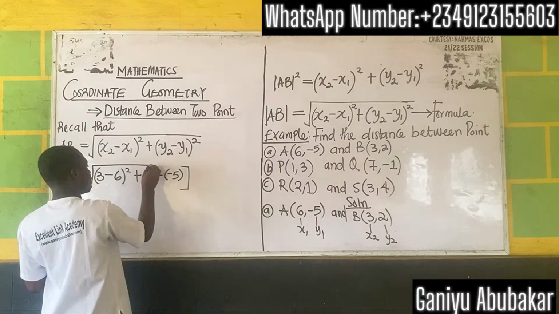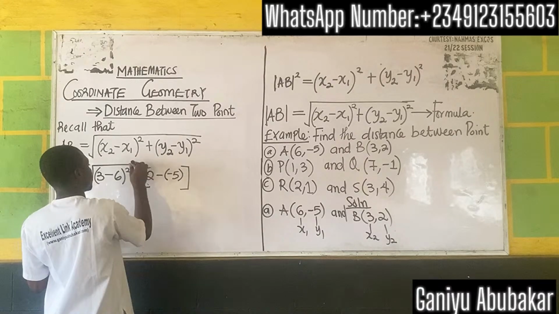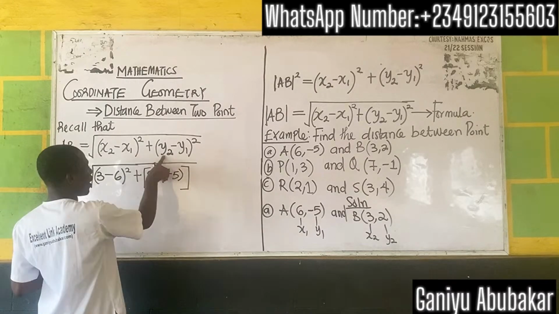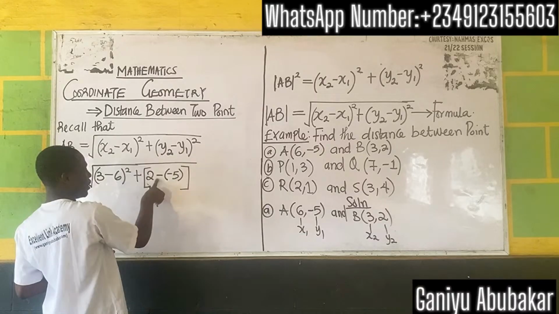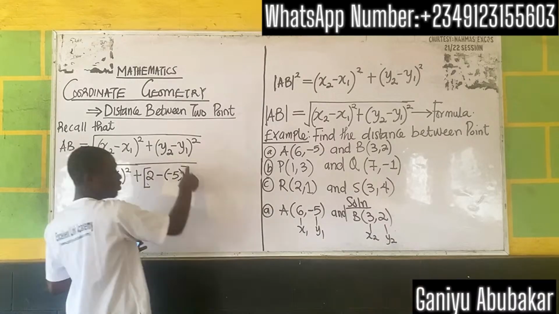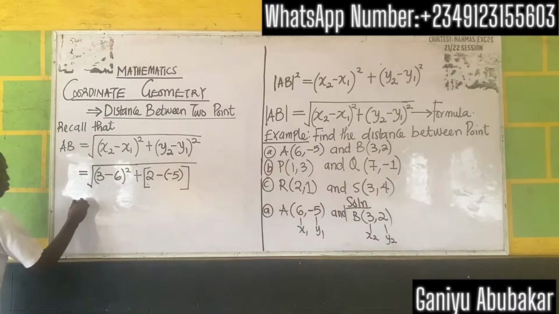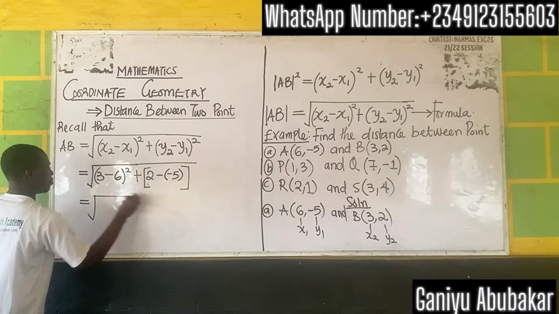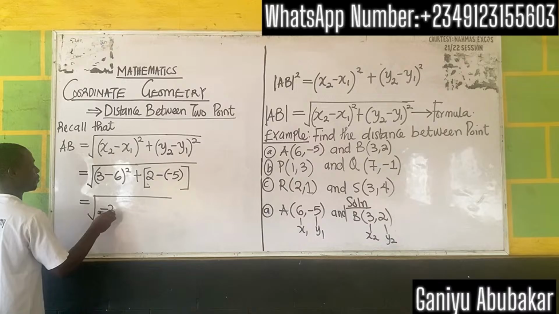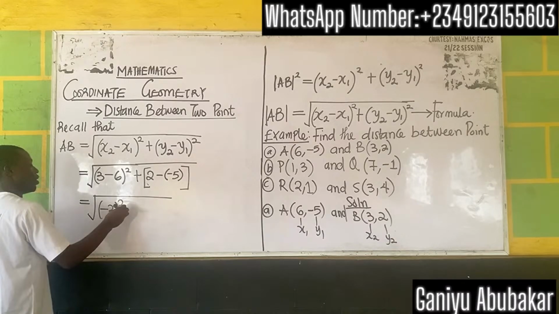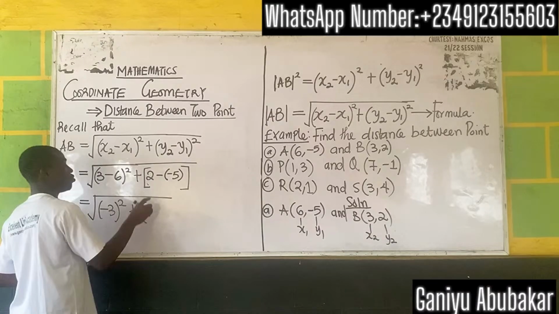Observe my writing, please. y2 is 2, minus, but y1 alone is negative 5. That's negative 5, yeah? Moving on, this gives you the square root of negative 3 all squared, plus 2 minus negative 5.